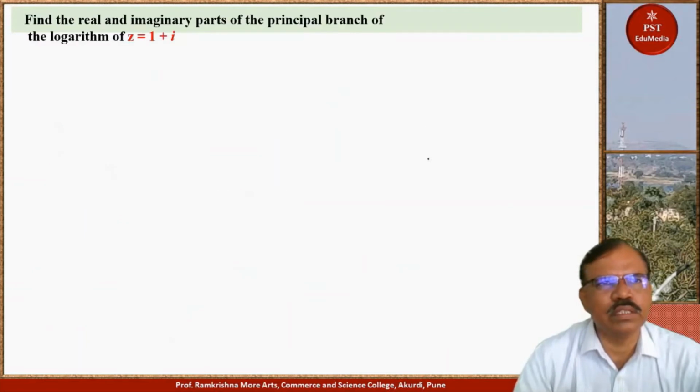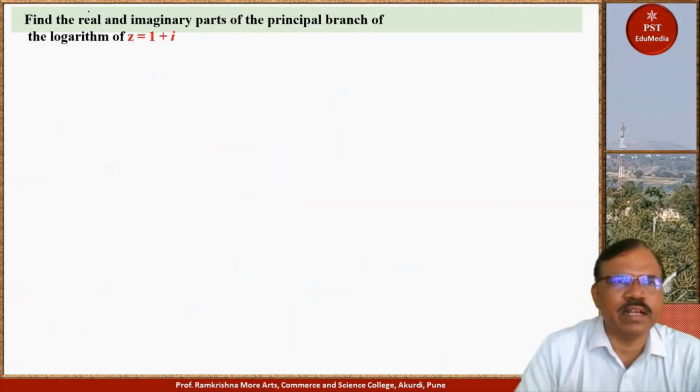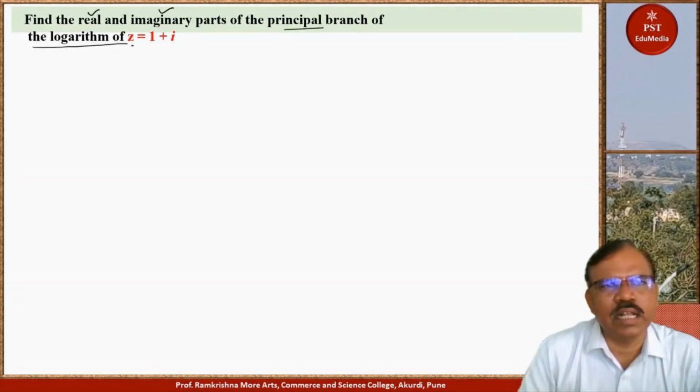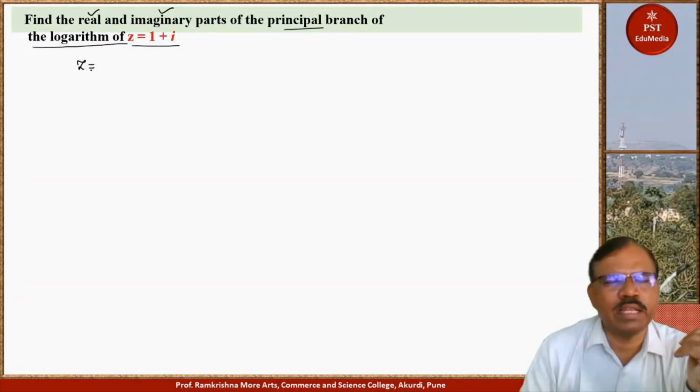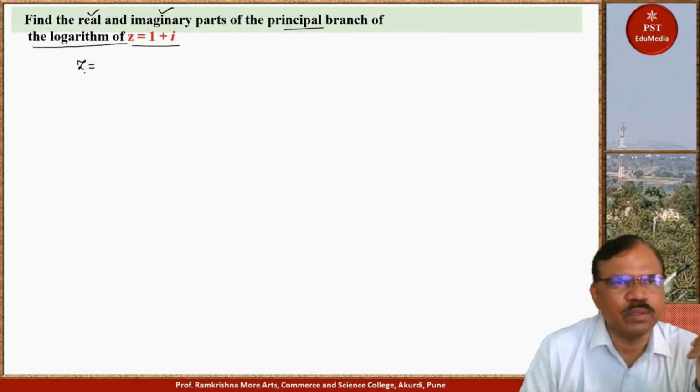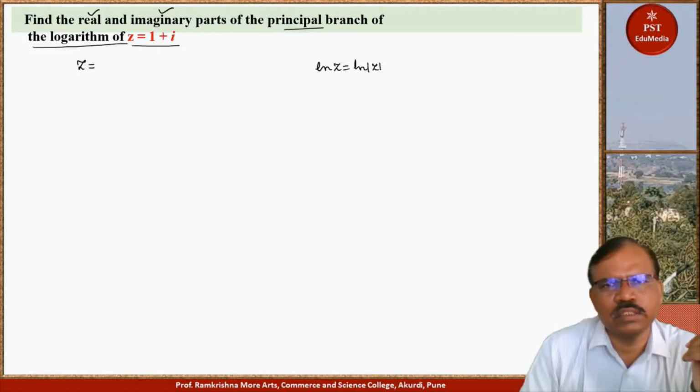So in this problem, we have to find the real and imaginary parts of the principal branch of the logarithm of z equal to 1 plus i. The complex number is z, we have to find the logarithm of that z, and we know log z is equal to log of modulus z plus i theta.